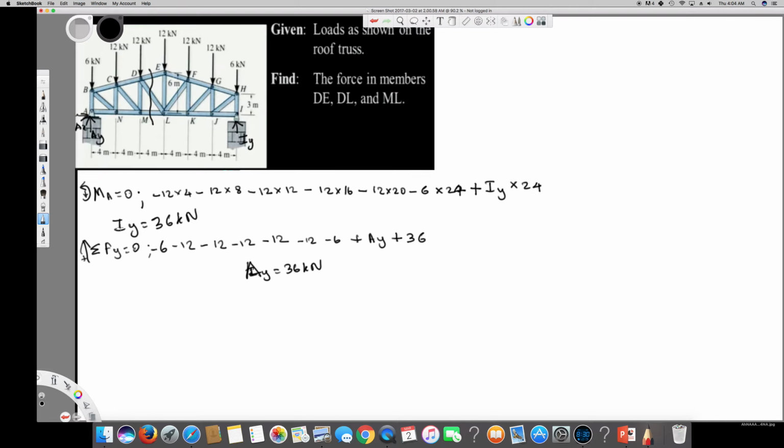So both are equal forces acting on it. Just by looking at this picture, you can guess it, because all of them are equal forces. And to calculate Ax, we know sigma Fx is equal to 0. Ax is the only horizontal force we have, so we know Ax is 0.